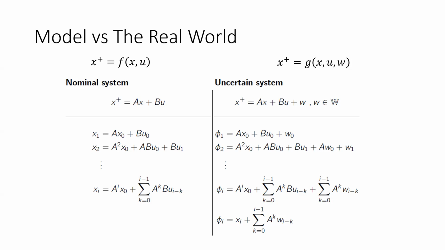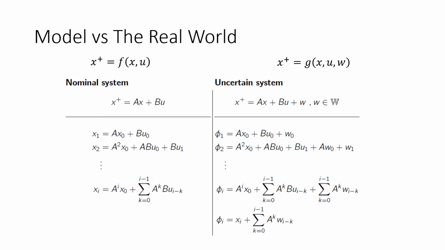So the longer you reiterate through this dynamic model, the more error and deviation you will have from the nominal system. Comparing this term where we have the noise with this term where we don't, the extra part is only the third term. The first two are exactly the same as the nominal system.